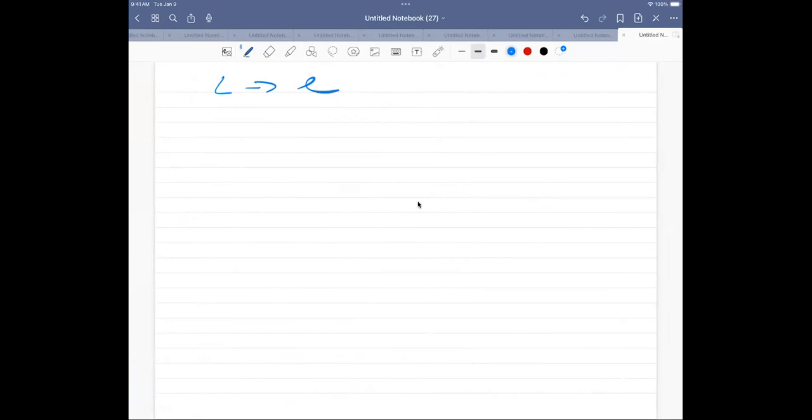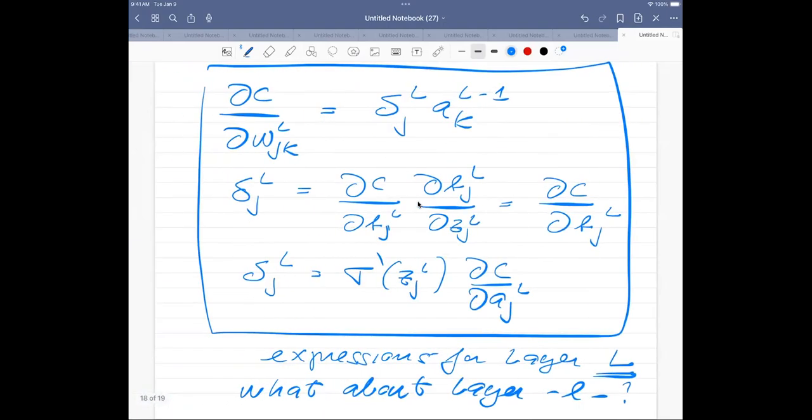What I need now is delta_j^l. This is the quantity I need. As you can see from the previous case, this delta_j^l is the quantity which is going to give us the derivatives of the weights at a given layer and the derivatives of the biases at a given layer.